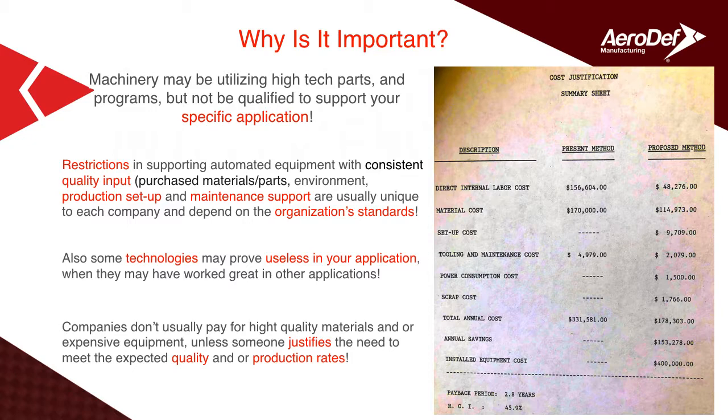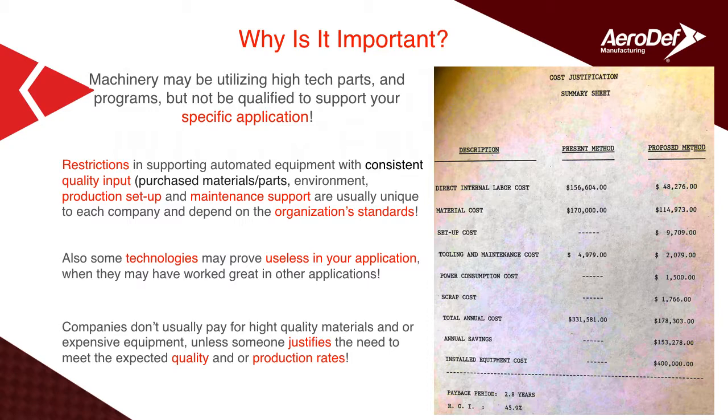Why is it important? Machinery may be utilizing high-tech parts and programs but not be qualified to support your specific application. So restrictions in supporting automated equipment with consistent quality input, purchased materials, parts, environment of production setup, and maintenance support are usually unique to each company and depend on organization standards.